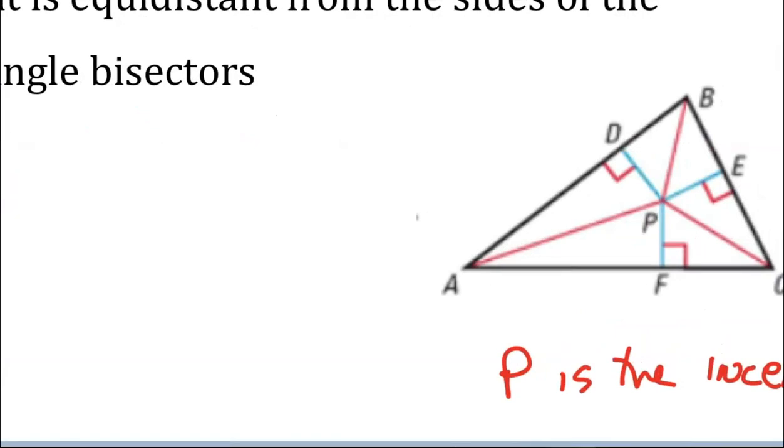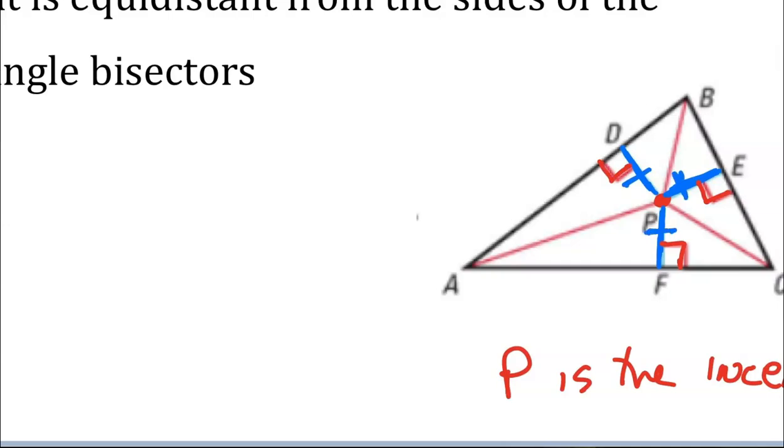Then the perpendicular distance from the in-center to each of the three sides, so this distance, this distance, and this distance, provided that they're forming these right angles, so it has to be the perpendicular distance, all those values will be the same.